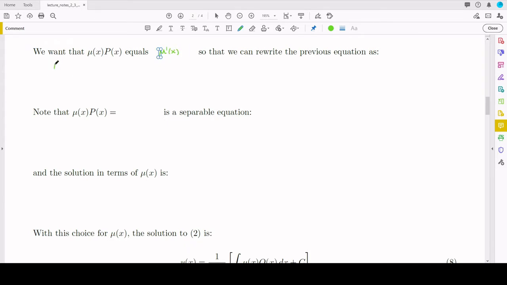Because what that does is, we have our differential equation: mu of x times dy dx plus mu of x times p of x times y equals, on the right hand side, mu of x times q of x, right?